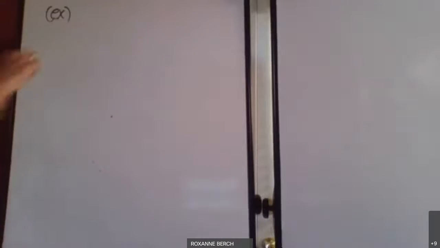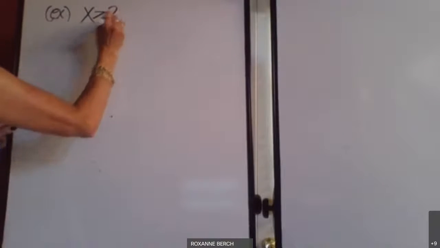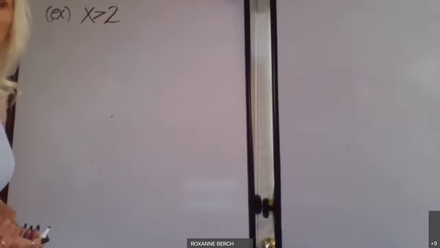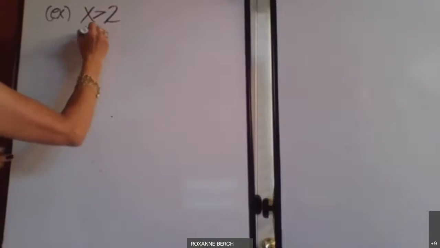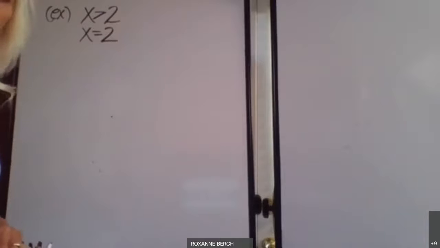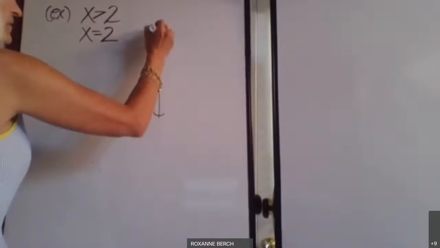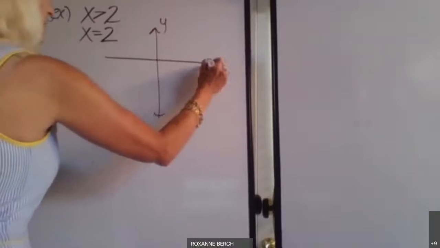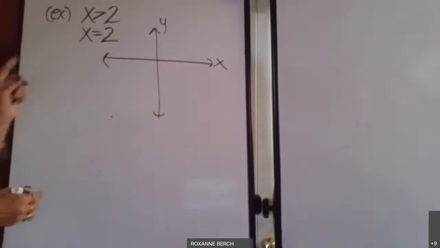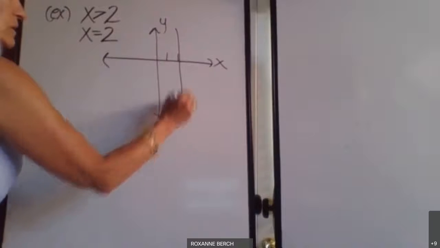All right, so check this out. Now, this is a special case because the line is a vertical line. So we're not going to waste a lot of time. We're going to draw the graph. And we know that this is a vertical line through x equals 2.